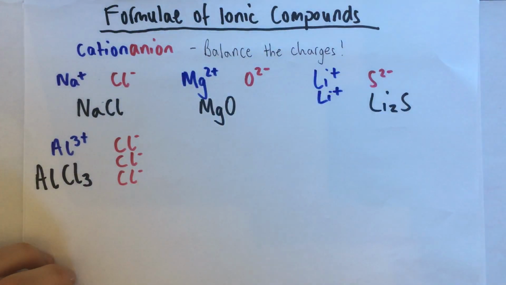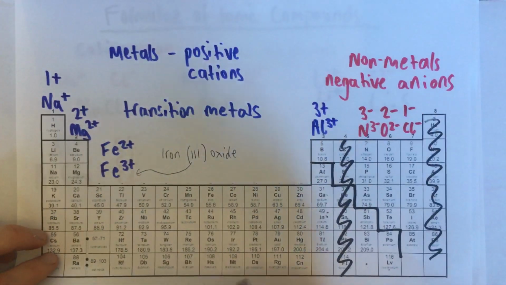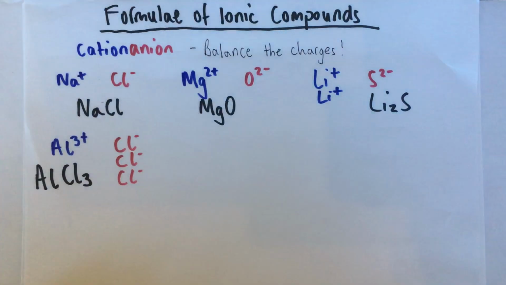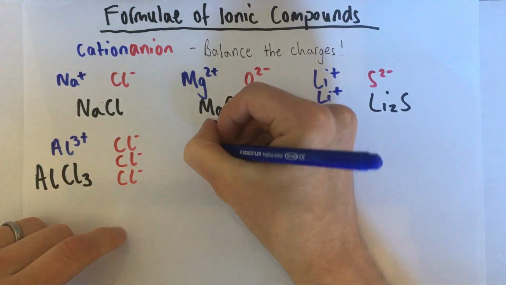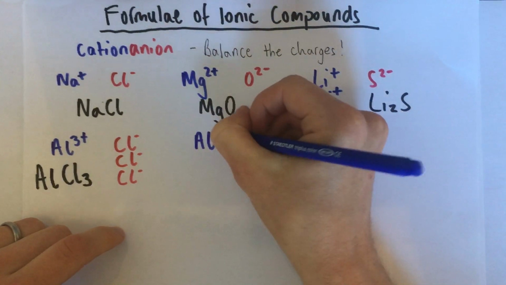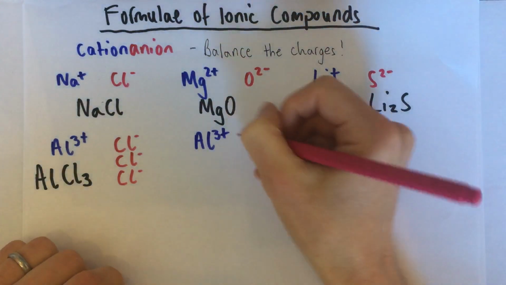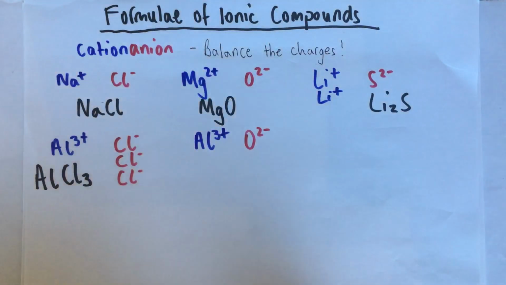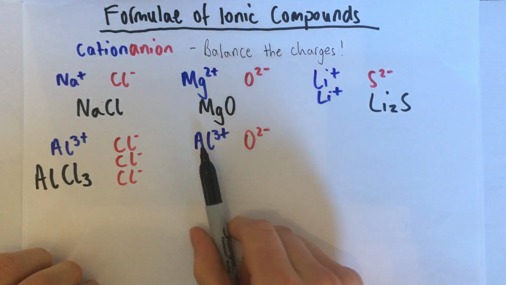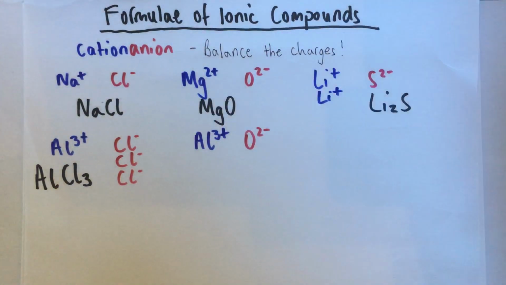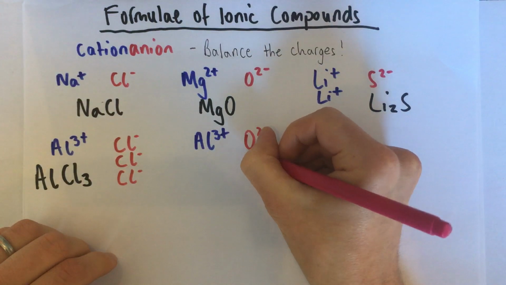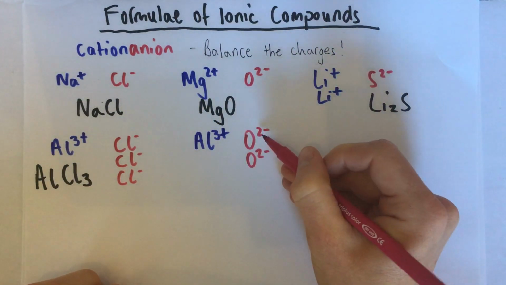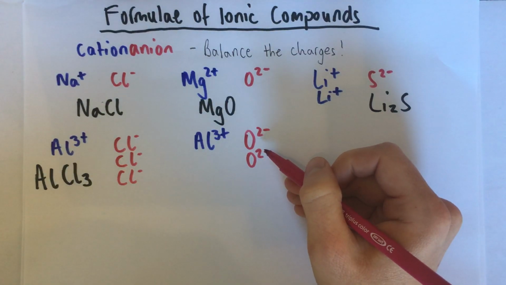Let's do aluminium oxide, which is slightly more complex now. Al is 3 plus, oxide is 2 minus. So let's write those down. Now, this is more, so let's try adding more of these oxide ions. Now we've got 3 plus and 4 minus, so they're still not balanced.